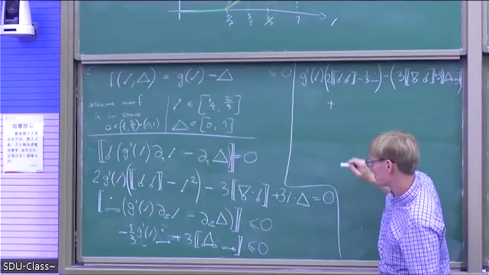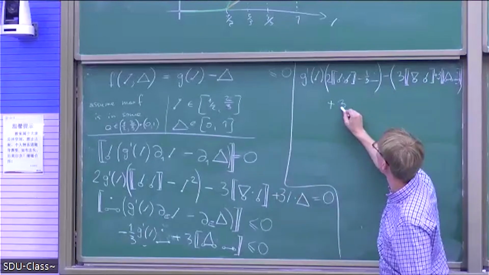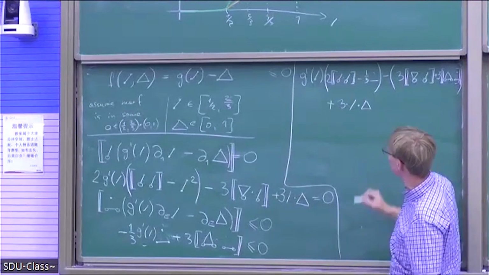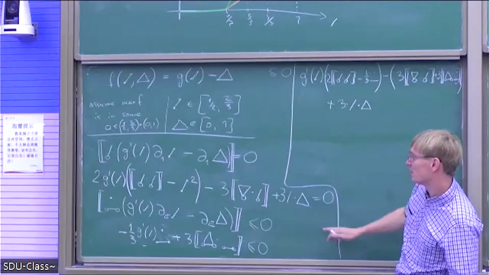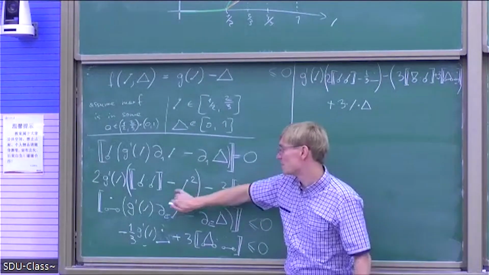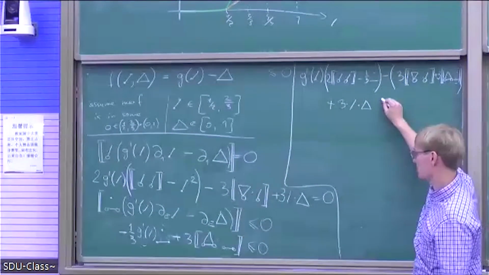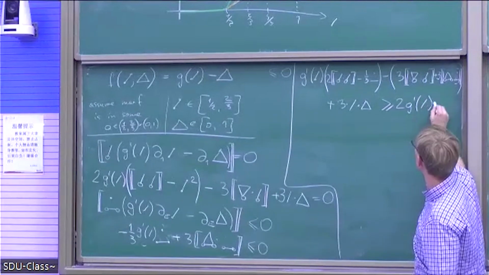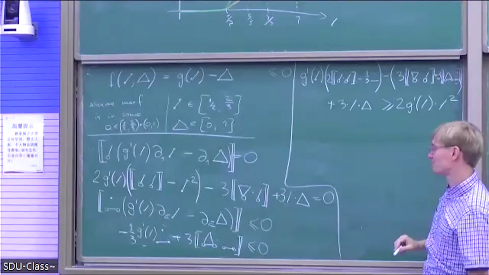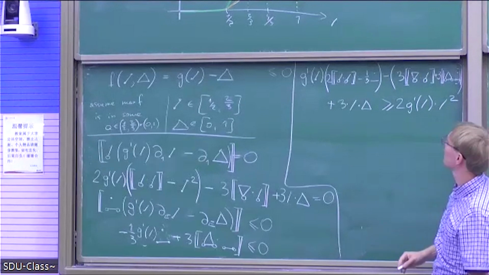I have also this part, so 3 times h times triangle. And what I'm left is this square. So I move it to the other side. So g prime h times h squared. Yes, I think I haven't lost that.